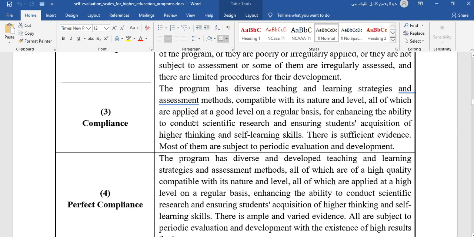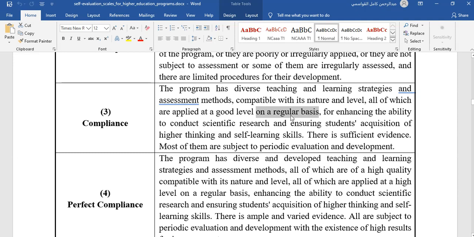If we look here at the main keywords, first, there are teaching and learning strategies and assessments. They are available and they are applied at a good level on a regular basis.